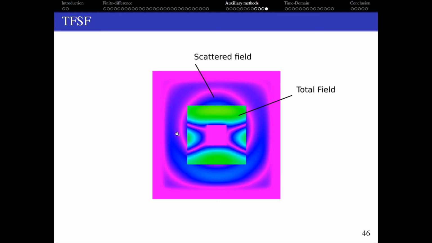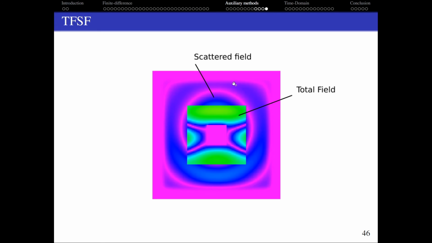In this calculation, what the TFSF formulation does is inject the source on this boundary, and the incident field is now included inside the boundary. The field that has been reflected by the particle is also inside the boundary, but it is able to escape it and reach the scattered field domain.